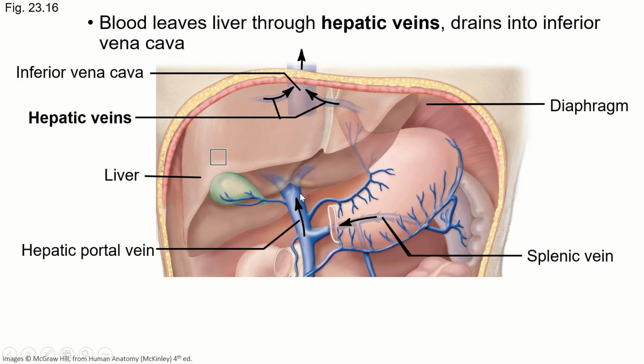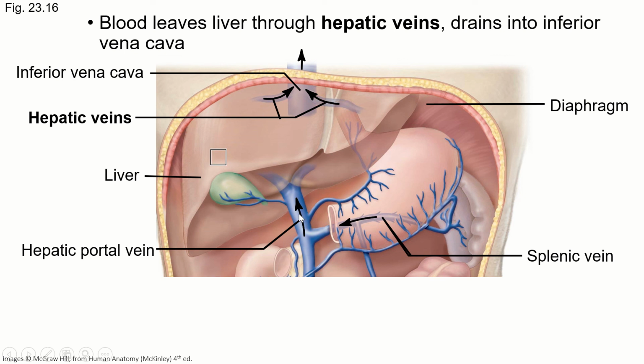Now, after flowing through the liver to be filtered, the blood flows out the right and left hepatic veins to the inferior vena cava that goes up behind the liver. Okay, so make sure that you distinguish between the hepatic portal vein and the hepatic veins.